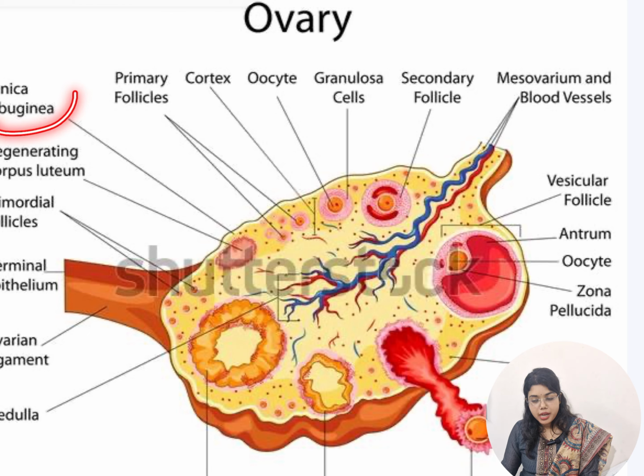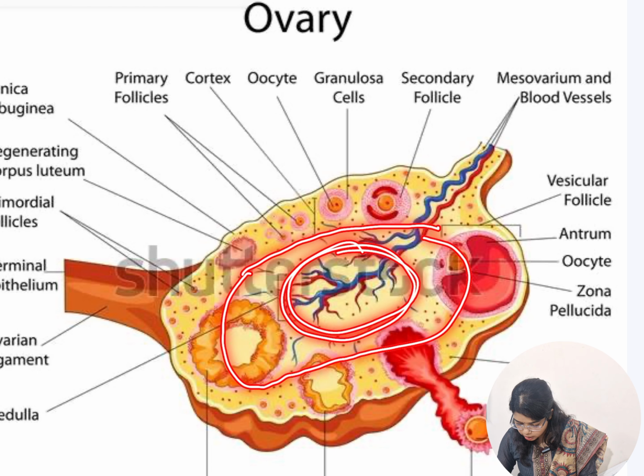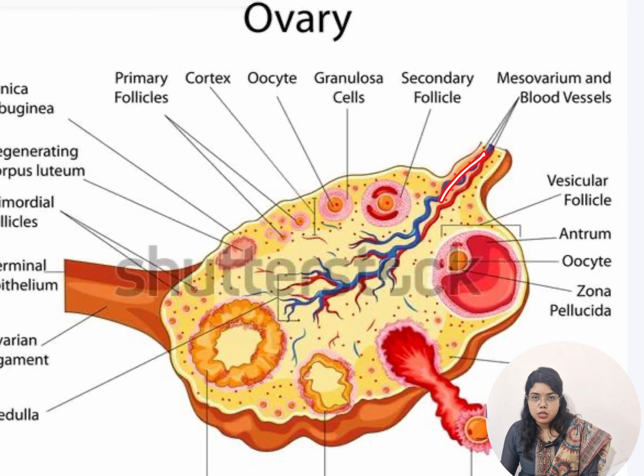The ovarian stroma is divided into the cortex and the middle part, called the medulla, where all the blood vessels are present. The ovarian major blood vessels from the mesovarium are present in the medulla.